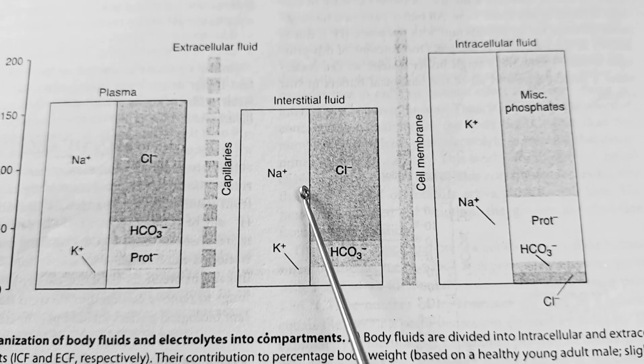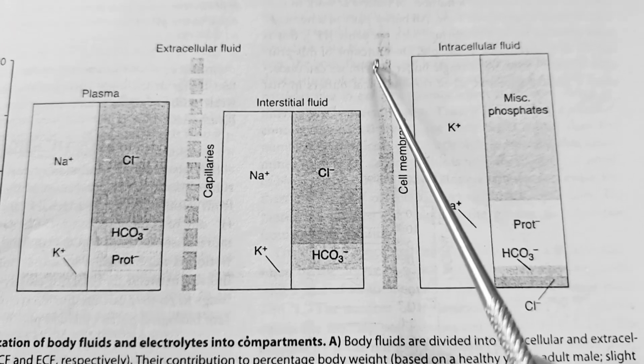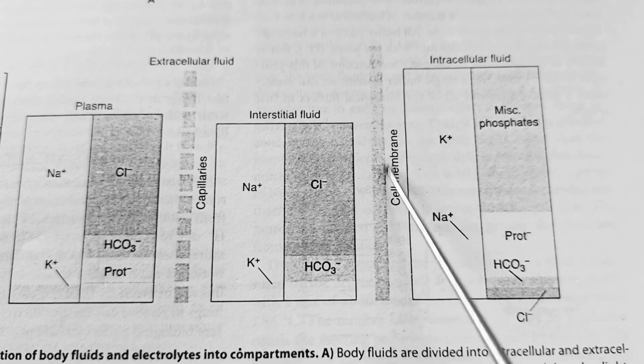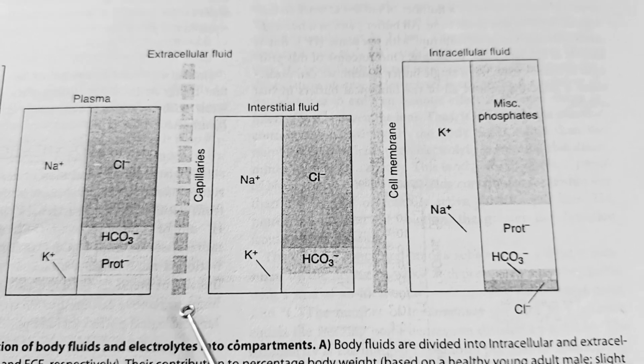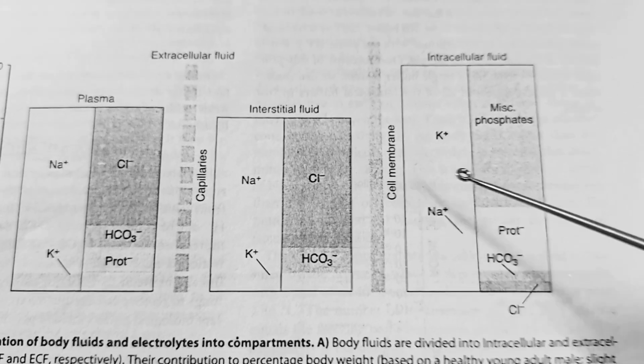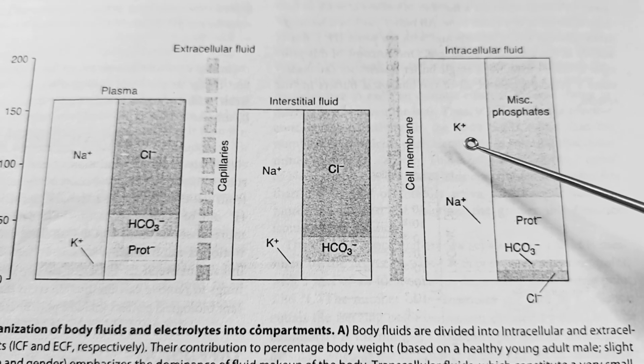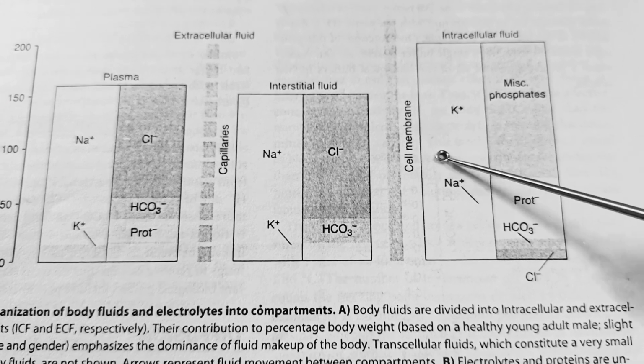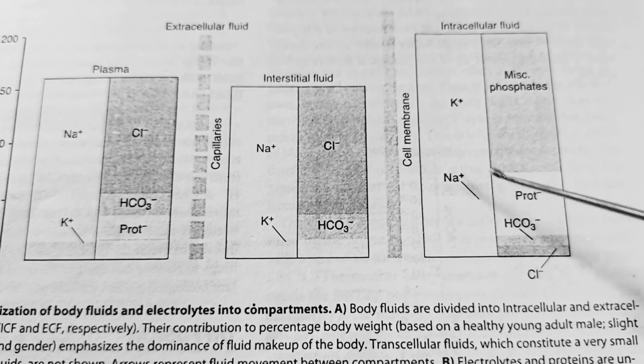These two solutions remain in equilibrium through a semi-permeable membrane that is known as the cell membrane. In this connection, we have to learn the solution that has the sodium, potassium, sodium and chloride.